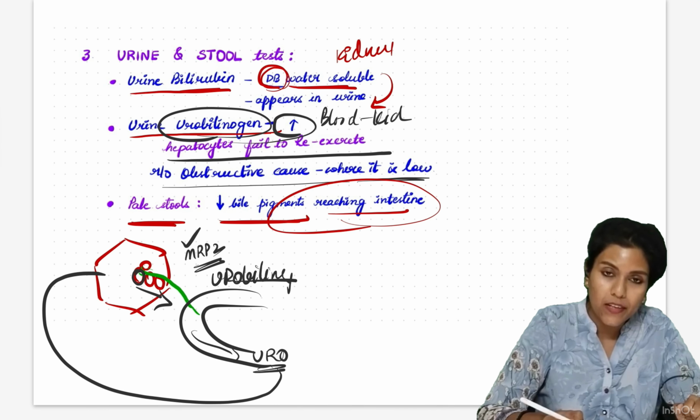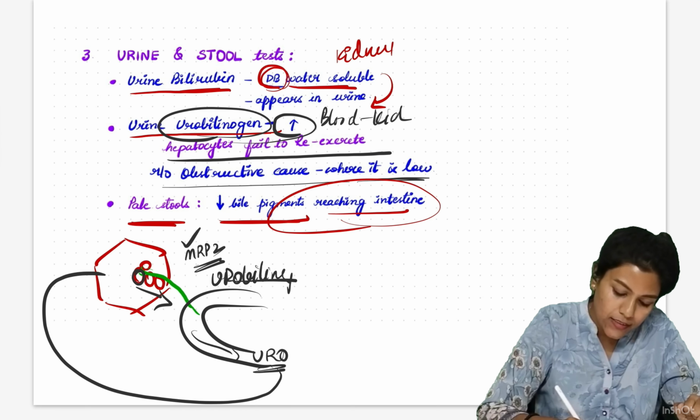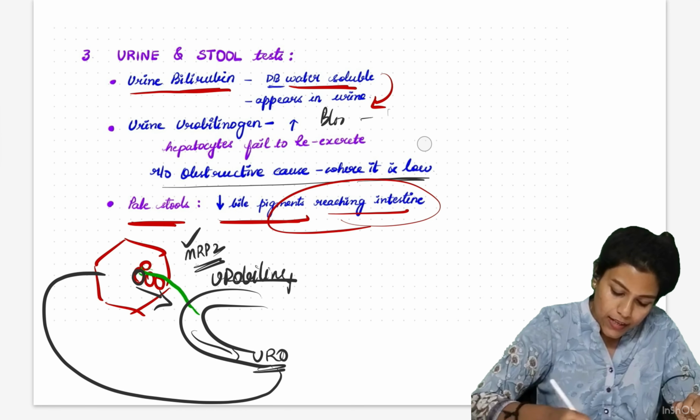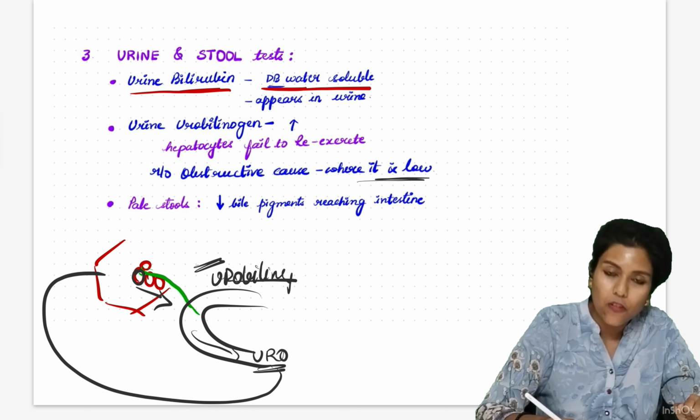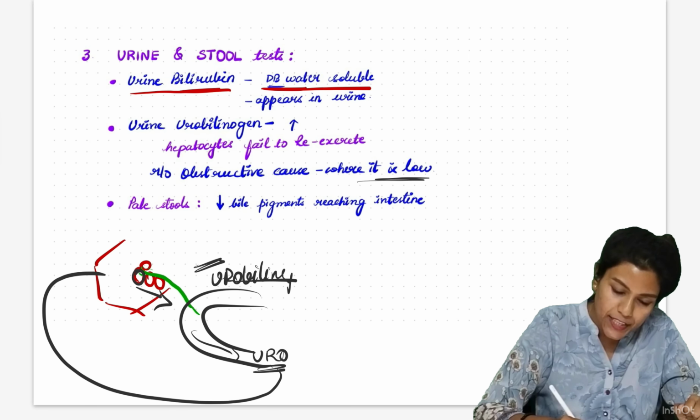Urine bilirubin will be raised because there is an increase in direct bilirubin. The direct bilirubin is water soluble, that means it will reach the kidneys and get excreted into the urine.